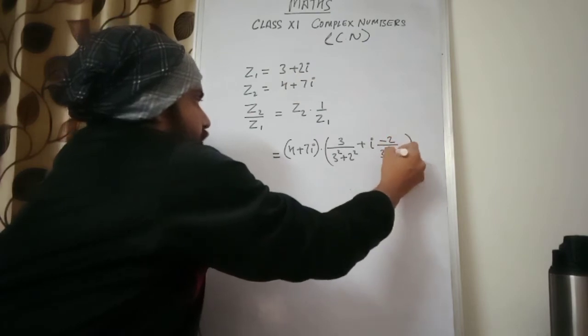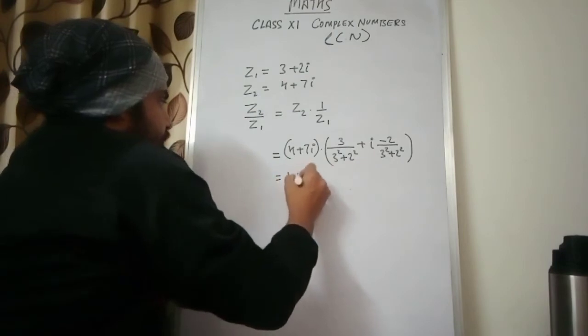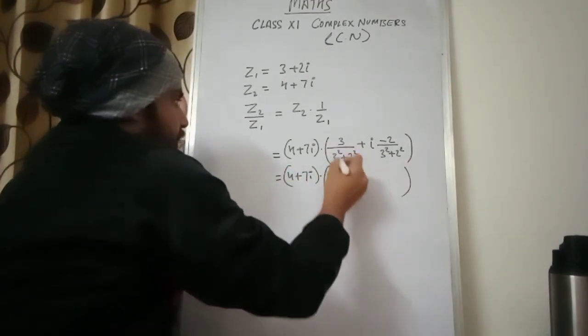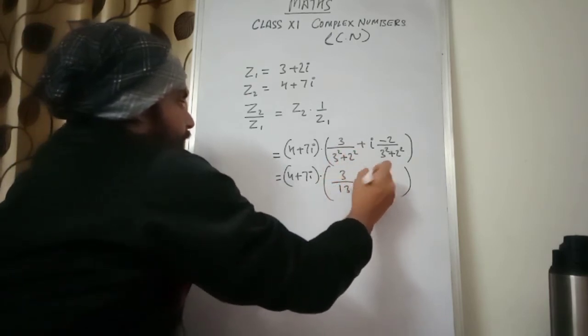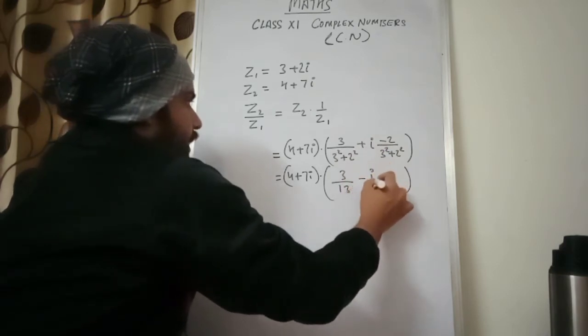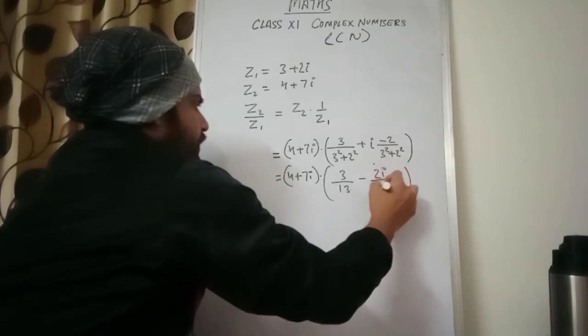The same thing in the denominator. Alright, just simplify it. You will get 4 plus 7i into 3 upon 9 plus 4, 13. Now here minus into plus will become minus i, or you can say minus 2i by 13.